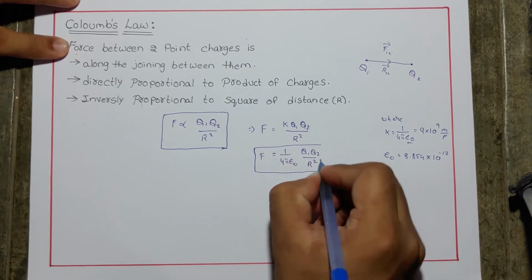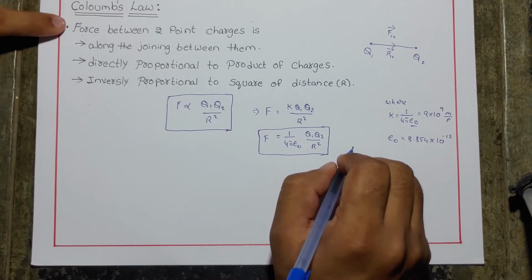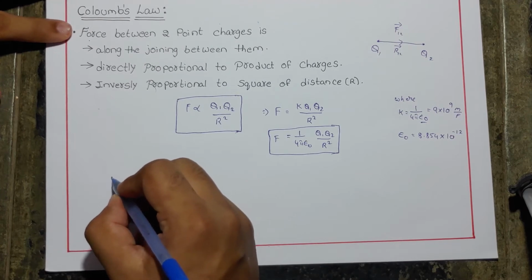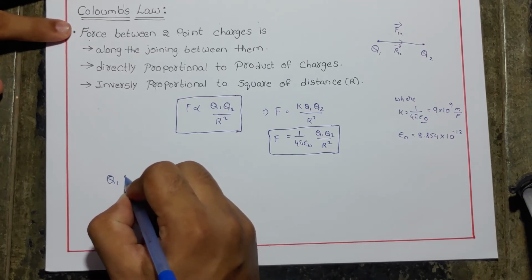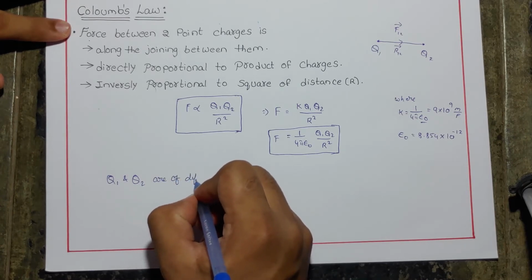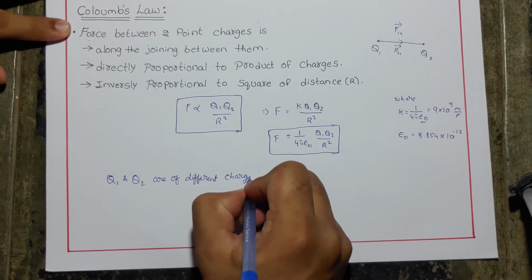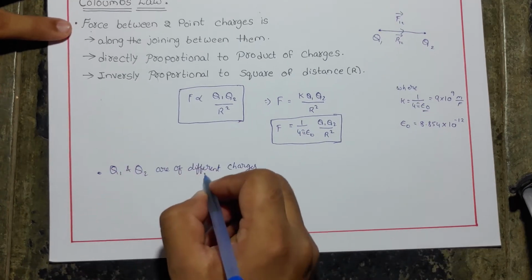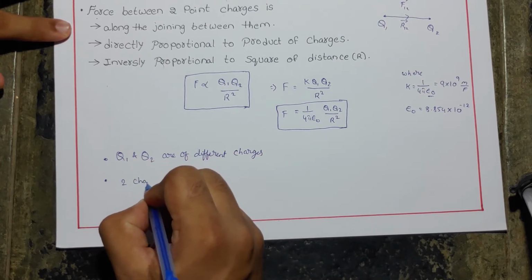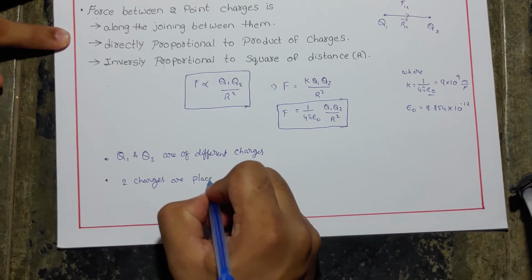This is the primary observation. Now let us go deeper. Let us take Q1 and Q2 as different charges, placed at point 1 and point 2 in a coordinate system.